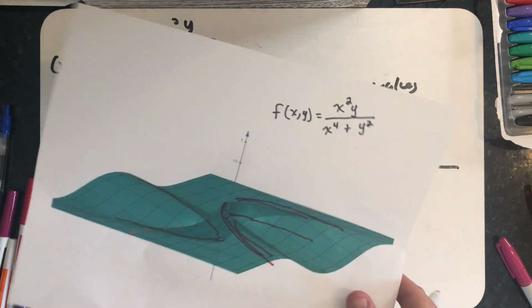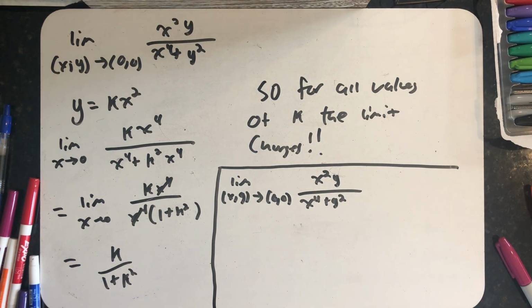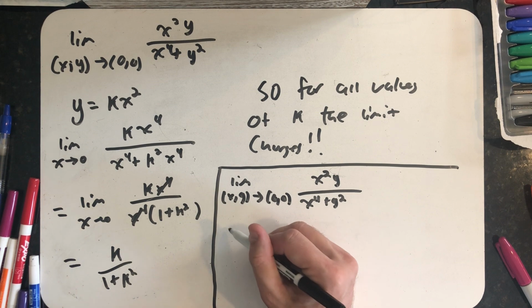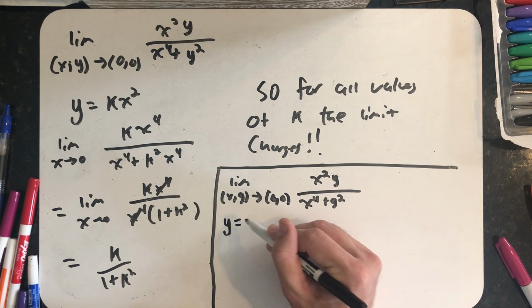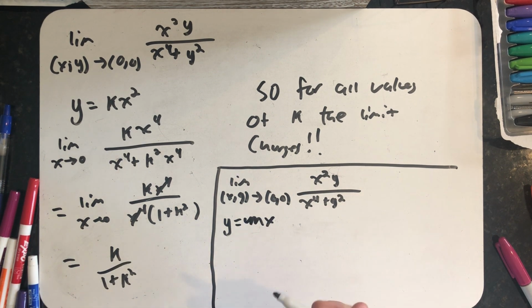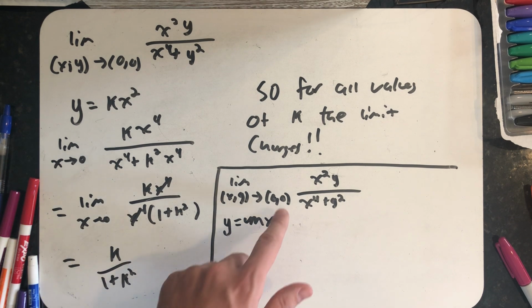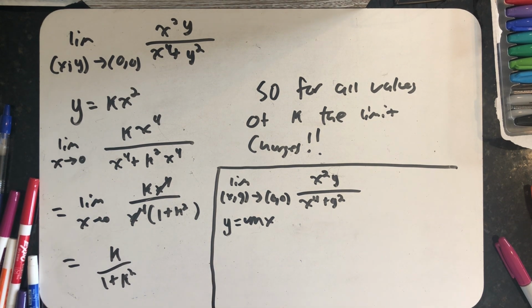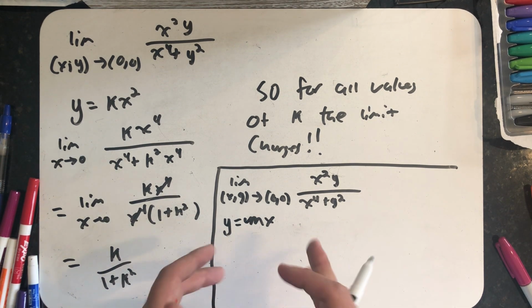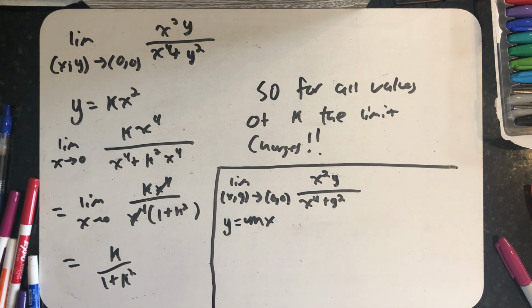I came up with the idea of parabolas looking at this graph. Maybe we had the idea to try lines instead, right? All of the lines y equal mx go through the origin. And so maybe this is a way of generating different limits for different paths that go through the origin.